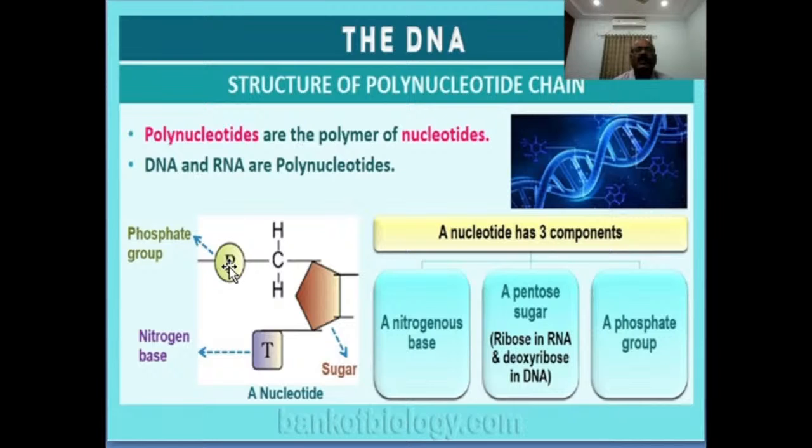The phosphate is connected to the sugar. So nitrogen base, sugar, phosphate, these 3 together are called a nucleotide. So many nucleotides are there in DNA and RNA. That's why DNA and RNA are called a polynucleotide chain.